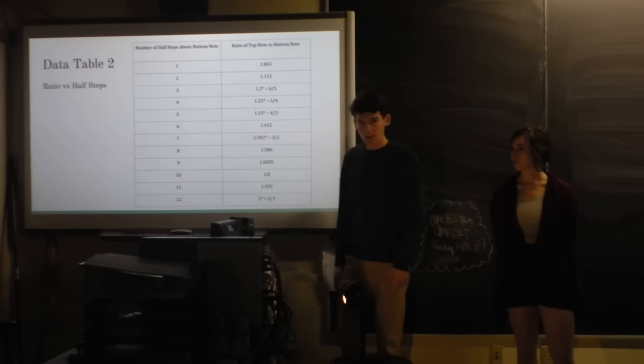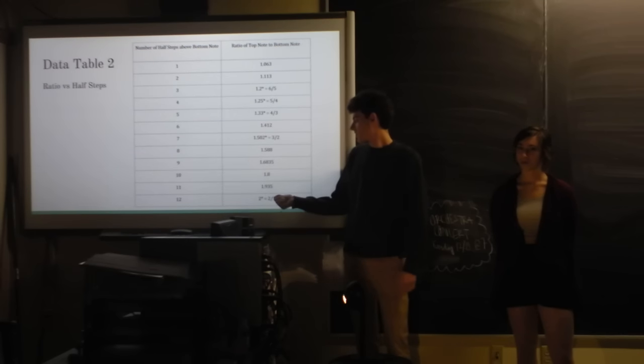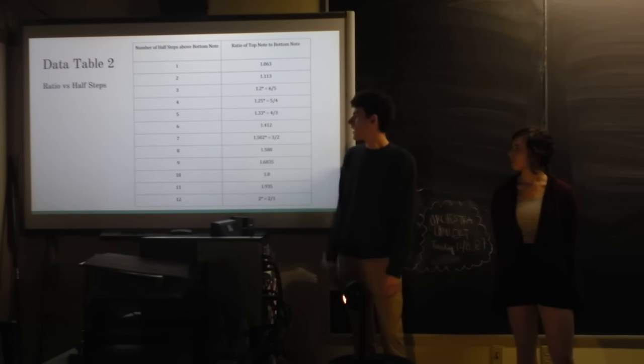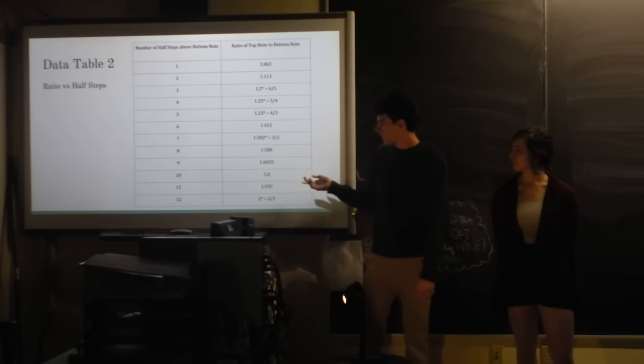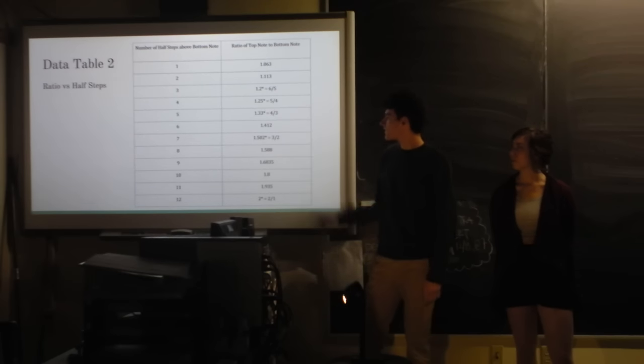What we noticed was that some ratios were simpler and cleaner than others. Like 2 was a really nice ratio. We also got 1.5, 1.33, 1.25 and 1.2. The other ratios obviously are not as nice.